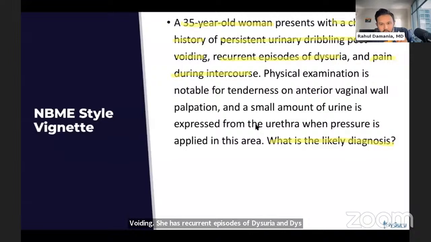Physical exam is notable for tenderness on the anterior vaginal wall to palpation, and a small amount of urine is expressed from the urethra when pressure is applied to this anterior vaginal wall. What is the likely diagnosis in this situation? Going to give you some time to think.